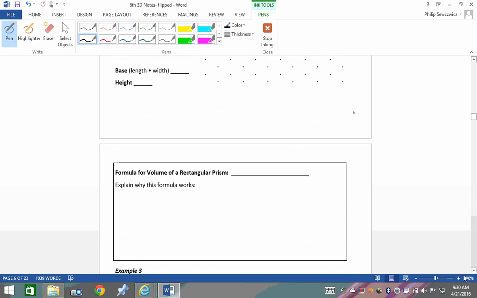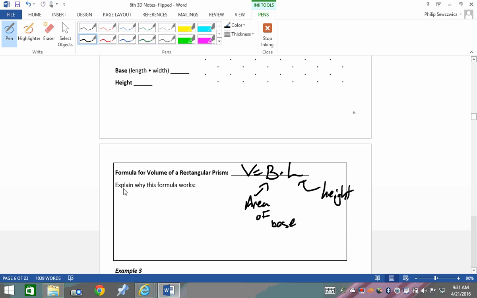This is our formula that we use for the volume of a rectangular prism. We say V equals, and we say capital B times H. Now, it's not just base, it is the area of the base, and the H is just the plain old height that we're after. So why does this work?